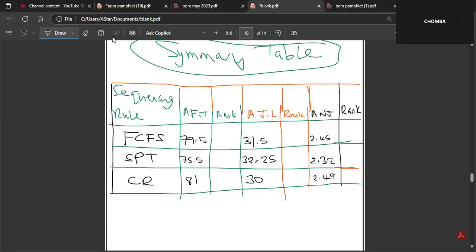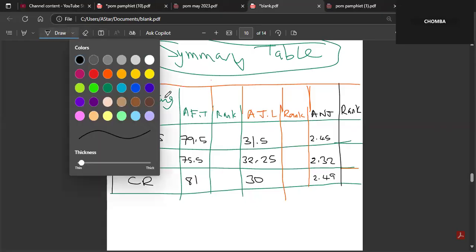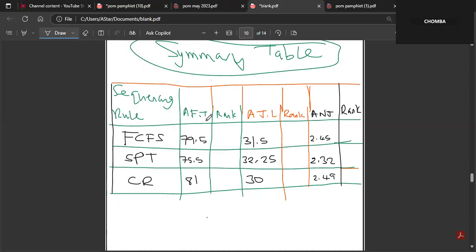Okay, so based on the average flow time, which one is better here? It's 75.5, which is rank 1, 2, 3 here.